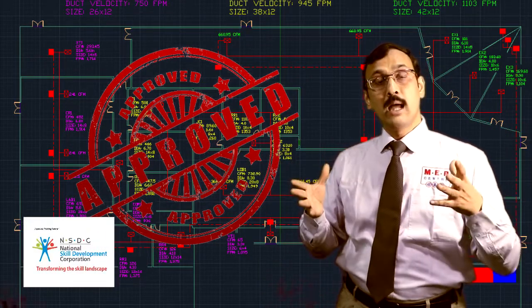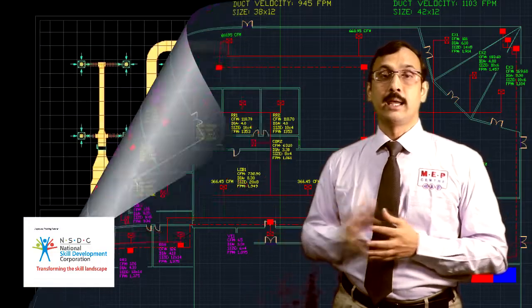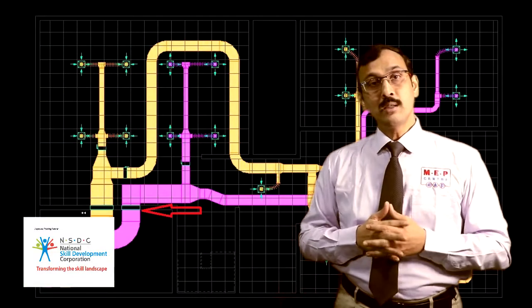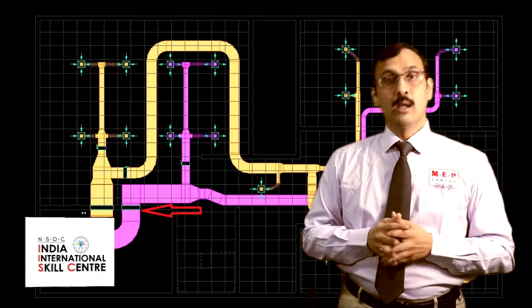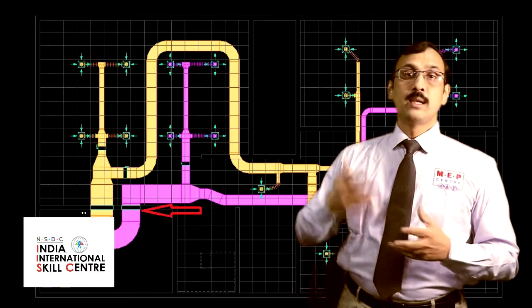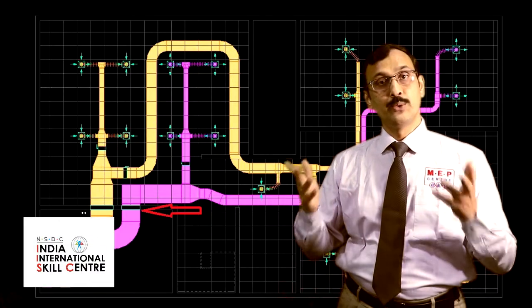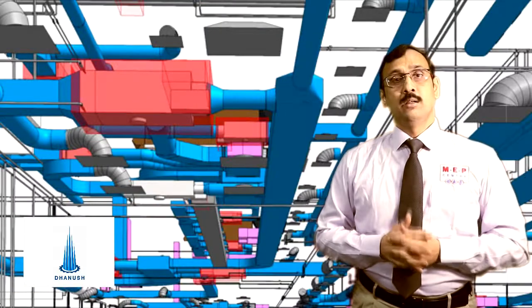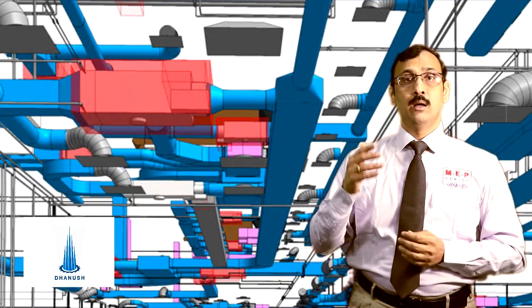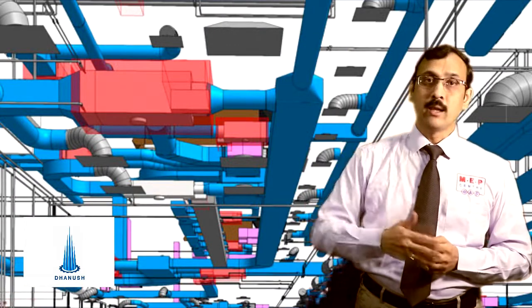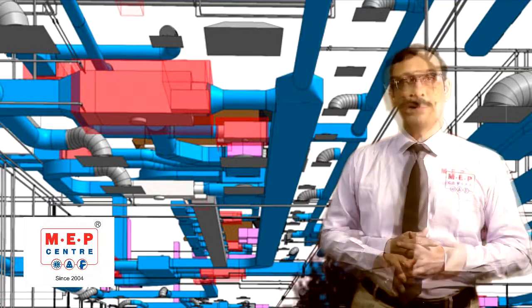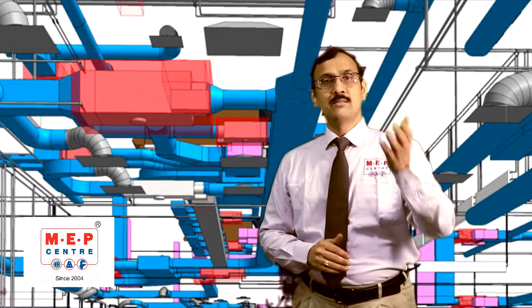Then we convert that into a double line diagram. How do you do these things? We do it in AutoCAD, as well as if you are using the latest software, we can also do it in 3D. The latest software enabling us to use 3D is nothing but Revit MEP. So we learn about the latest software to be used in making the drawings.